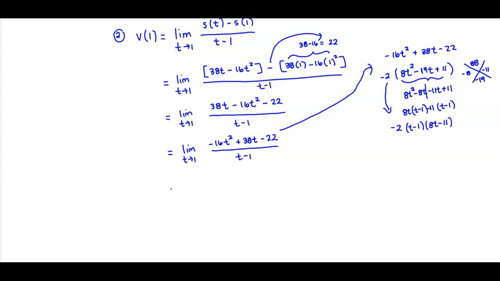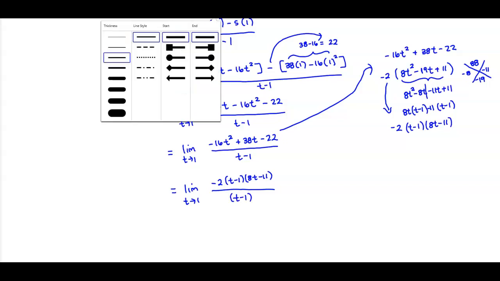So now we can replace the numerator with the factored form. So we have negative 2 times t minus 1 times 8t minus 11 all over t minus 1.